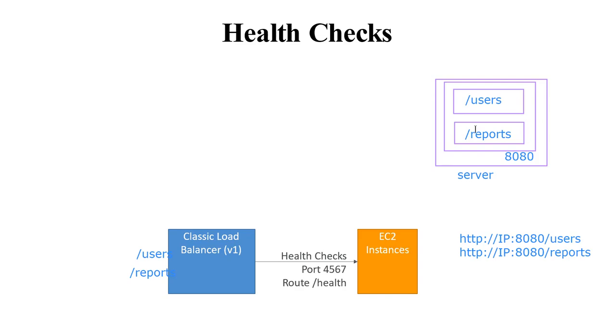And before forwarding, it has to make sure about the health of this, okay, port 8080/users, whether that is okay or not. If this health is okay, then route to that: if the request is received with /users, route to this service, or if the request is received with /reports, route to this service. Are you clear on these points? So what do we call that here?